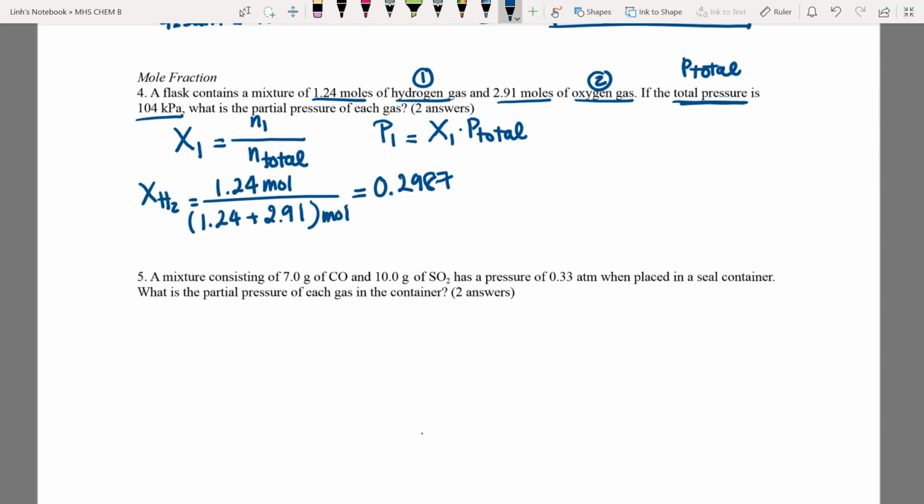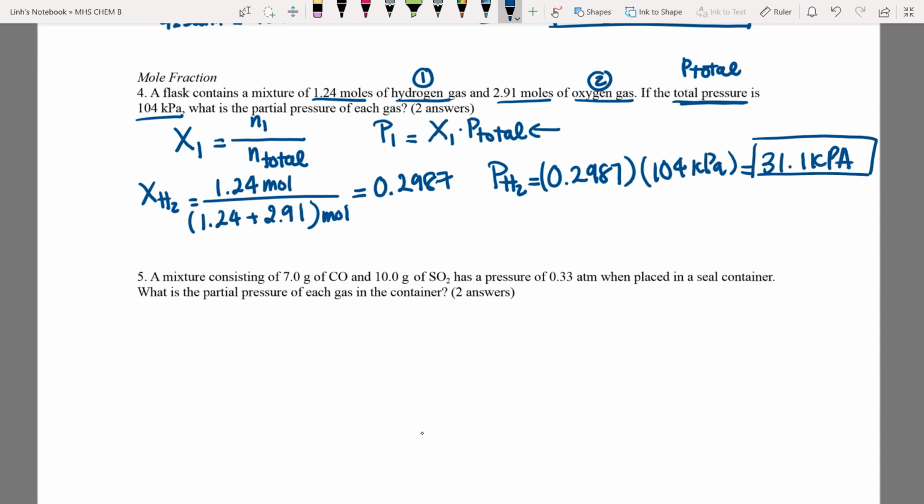Then I find the partial pressure for hydrogen by plugging it into this equation. The mole fraction is this much, and I multiply by the total pressure, which is 104 kilopascal. Your final answer is 31.1 kilopascal. Boxed.